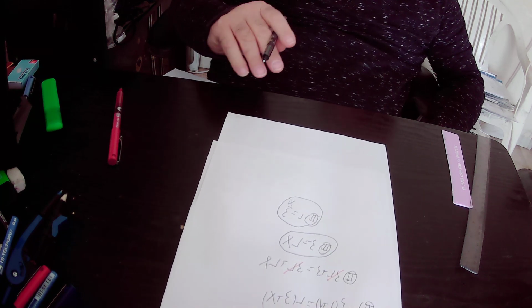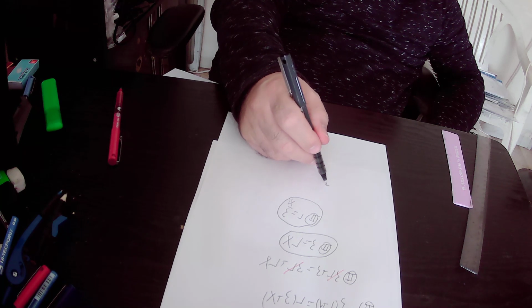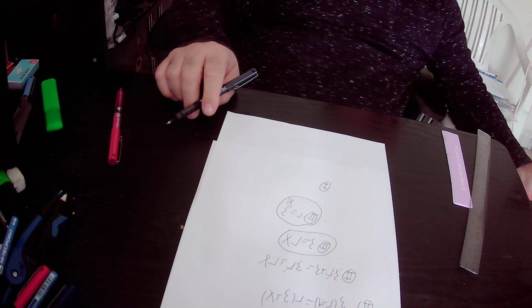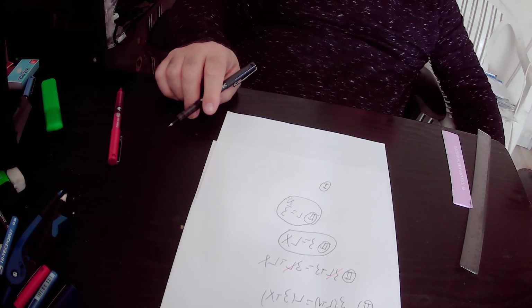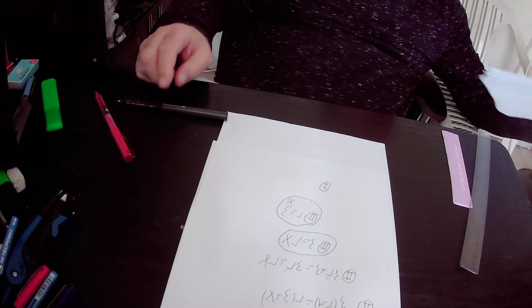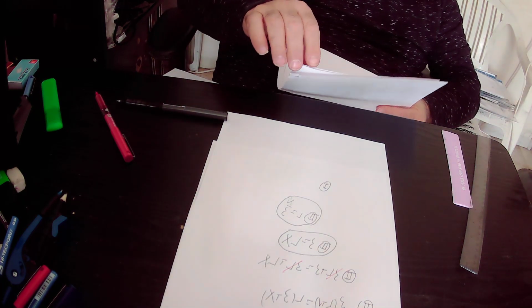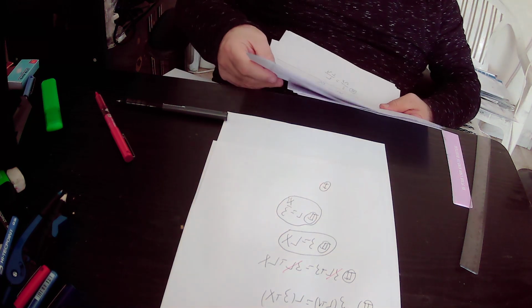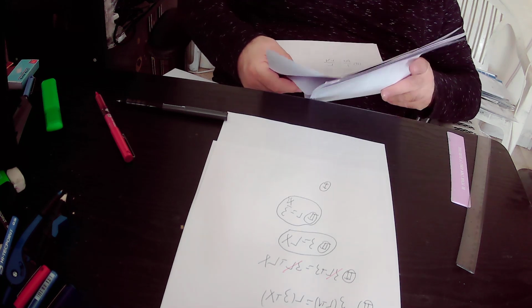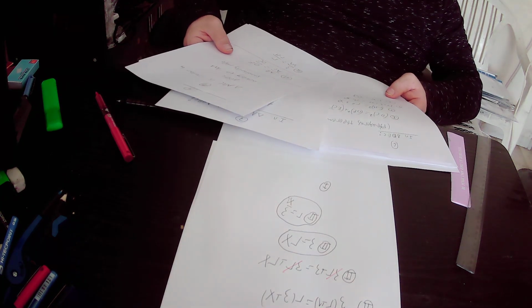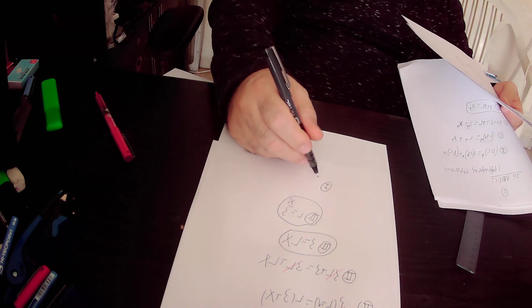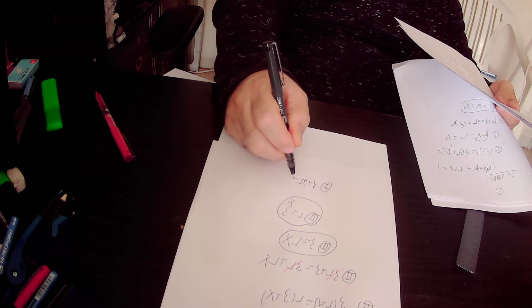But according to equation number 1, we have already found out that 1 plus 2r equals x squared.